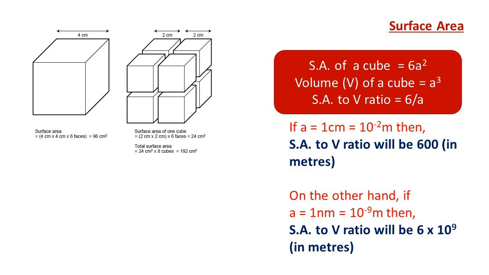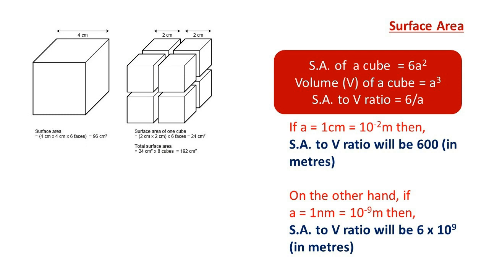Now if I reduce that a to 1 nanometer, my answer will be 6 into 10 power 9 per meter, which is a huge number. Imagine 9 zeros coming after 6. And this is the beauty of the surface area when we go to the nanoscale.